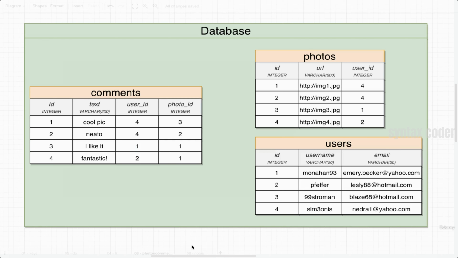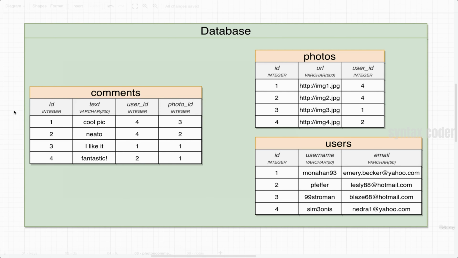All right, so here's what we might end up with. Inside of our database, we've got comments, photos, and users. Comments has two additional columns on it now. So it has 2 foreign key columns, user ID and photo ID. The user ID is going to record the ID of the user who created this comment, and the photo ID is going to record the ID of the photo that the comment was created on.